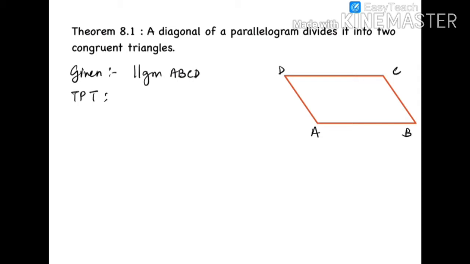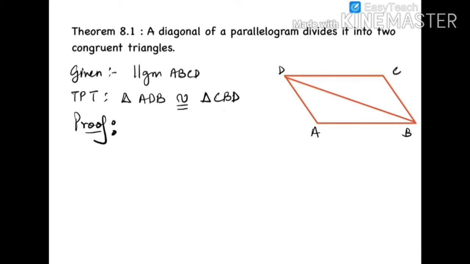Let's draw the diagonal DB. We have to show that triangle ADB is congruent to triangle CBD. Since ABCD is a parallelogram, opposite sides are going to be parallel.